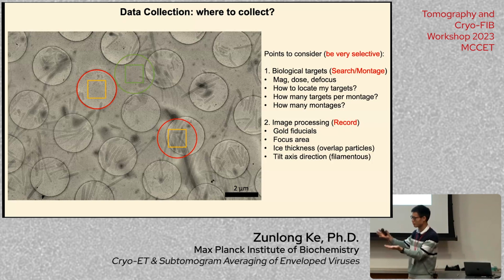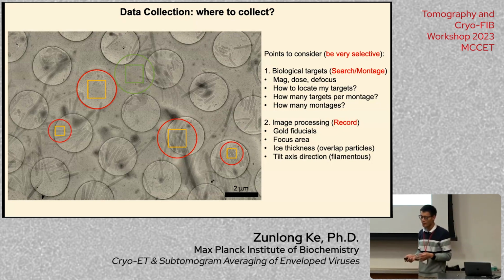Multiple layers of proteins or viral filaments on top of each other is just not a good idea to collect there. Now imagine your magnification goes up, so your field of view is smaller. So now we're here. Is this a good idea? Probably okay, right? Then here, if we go even bigger, this is also a good idea, I think.